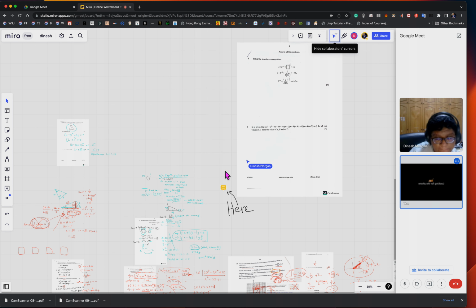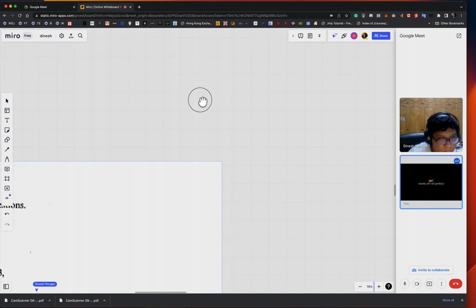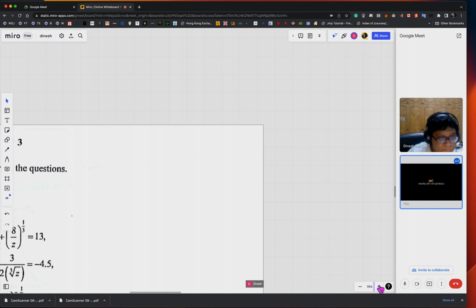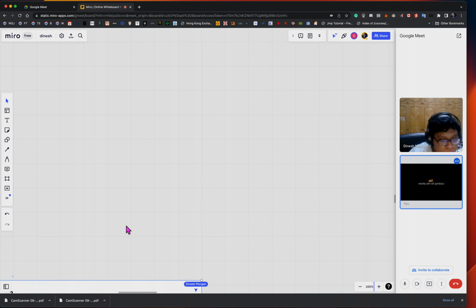There's no need to zoom in like this. So which page do you want to talk about? Then you just extract the page out, and resize it. This is good.